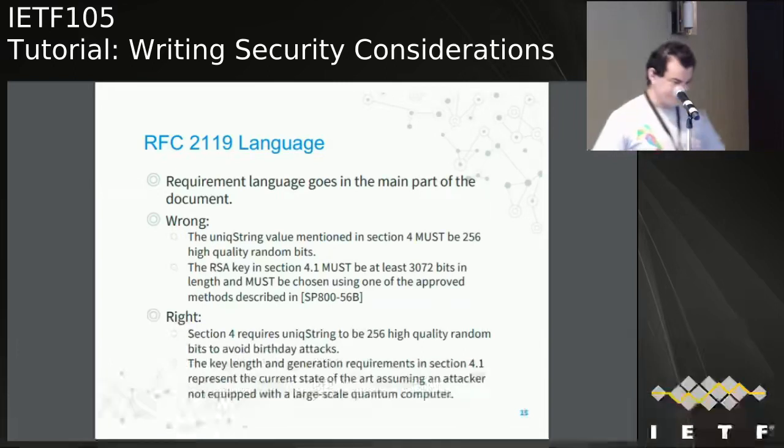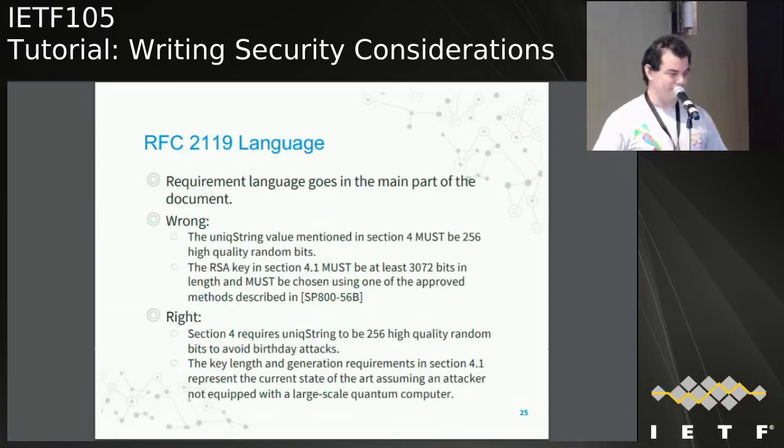Okay, so what's wrong with that? I mean, to make a compliant implementation, I need to use 3072-bit RSA keys, and I need to use 256-bit unique strings. This is not optional. This is not something I should consider.